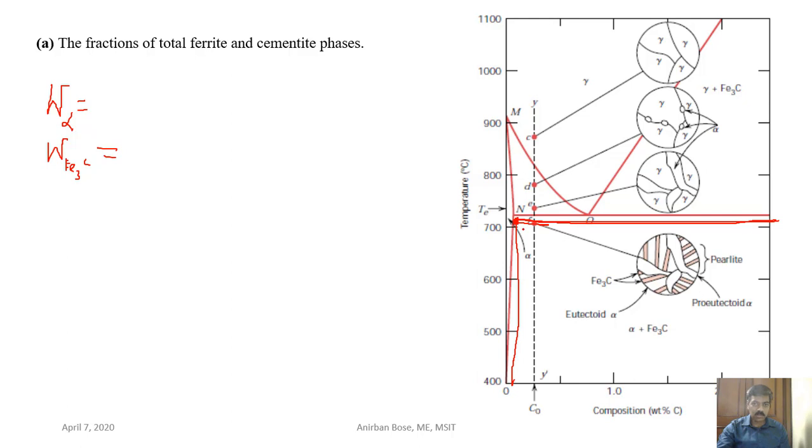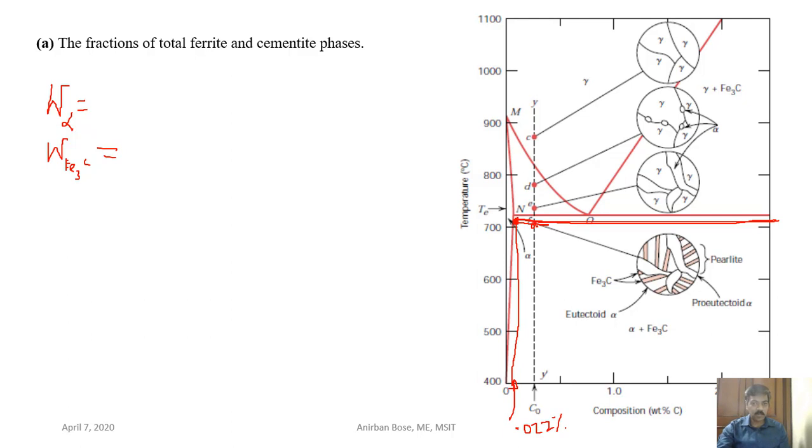And the composition of cementite you will get on the other end, which is 6.67, you know. This point is 0.022% and this is 6.67% carbon. These are the compositions that we know.